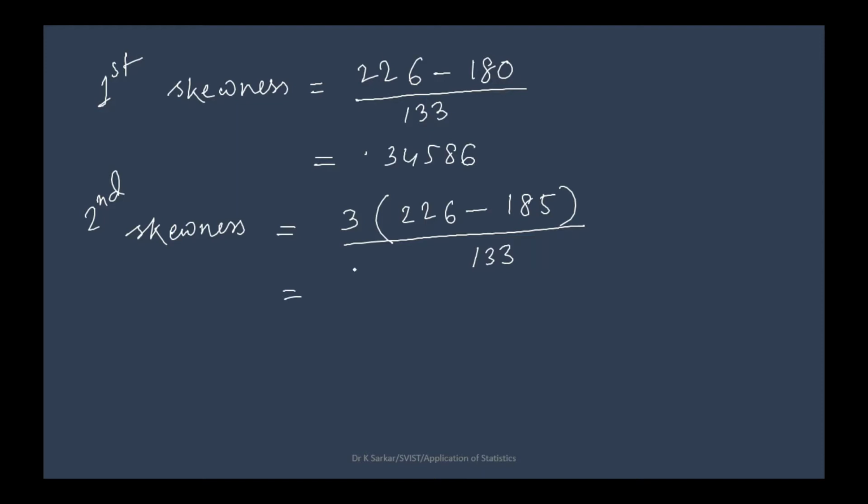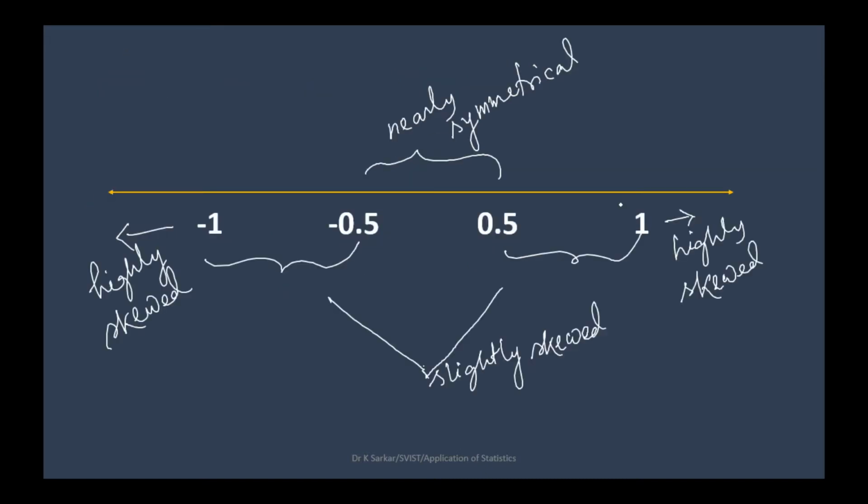So this is nearly 0.92. If it is 0.92, then it is nearer to 1 and it is between 0.5 and 1. So it is slightly skewed.